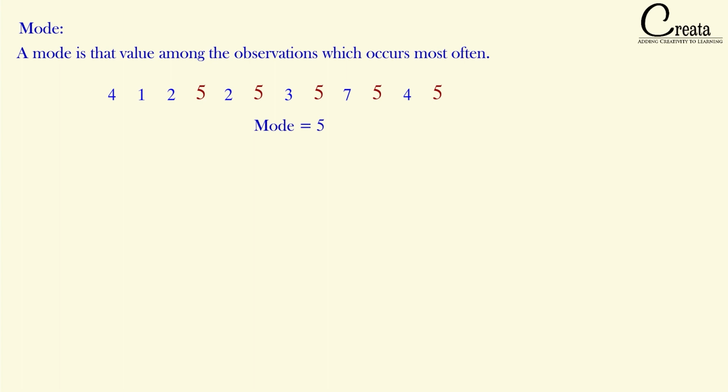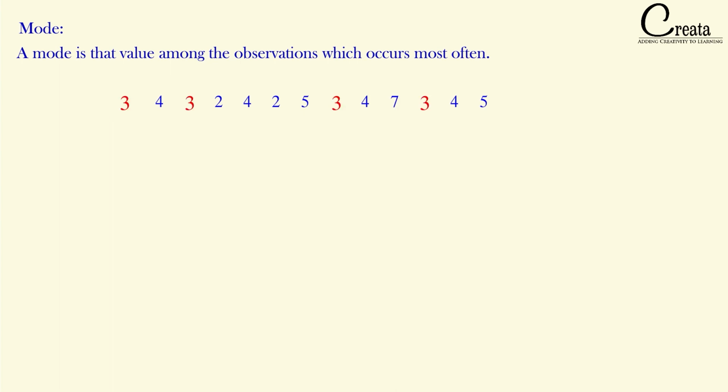There may be cases where two numbers are repeating the maximum time. For example, if we take this number series, here 3 is repeating 4 times and 4 is also repeating 4 times. So we got two numbers which are repeating 4 times. So what will be the mode of this number series? No confusion.